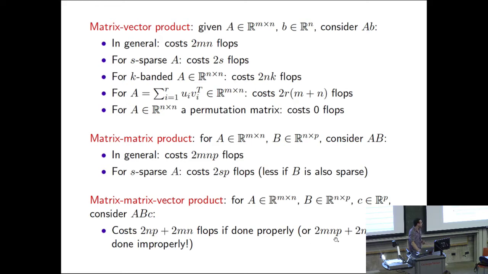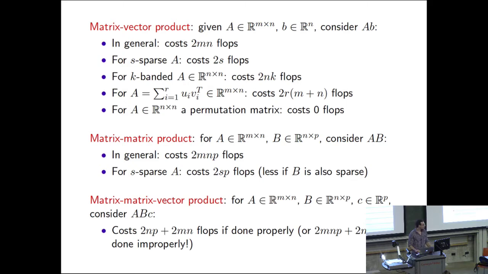It's going to be on the order of n cubed, because that's going to be dominated, for square matrices, by the multiplication of A by B. If you first multiply B by C and then multiply A by that resulting vector, then it's on the order of n squared, because it just costs 2 matrix vector products for square matrices. So if you didn't use any parentheses, any programming language is going to know to somehow do this association in the right way to save on computation cost.